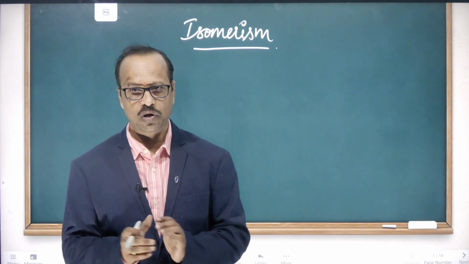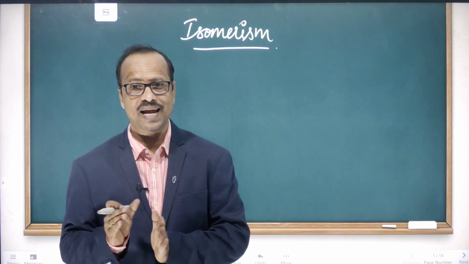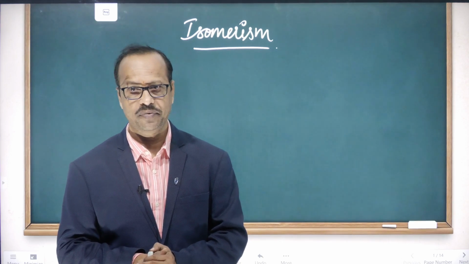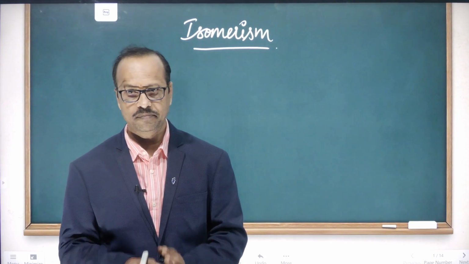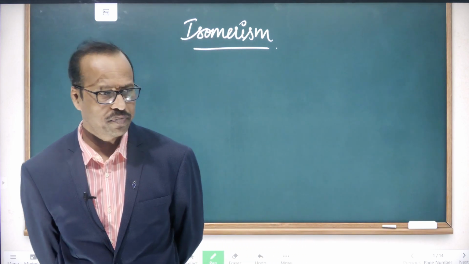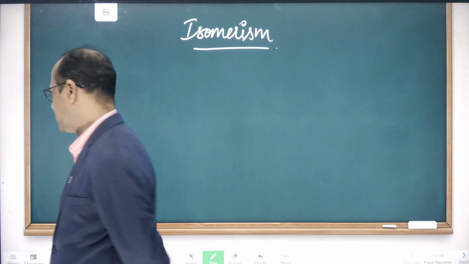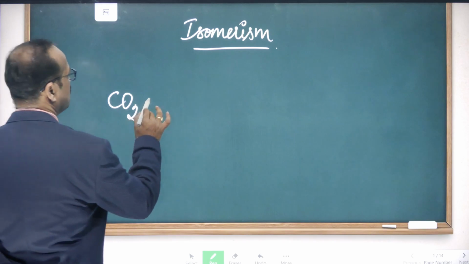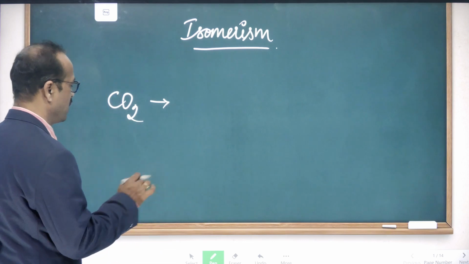Isomerism means compounds having the same molecular formula but different physical and chemical properties are called isomers, and the phenomenon is called isomerism. Clear? Not so clear, right? For example, if I write the formula CO2, when I ask what is the name, immediately you say that it is carbon dioxide.